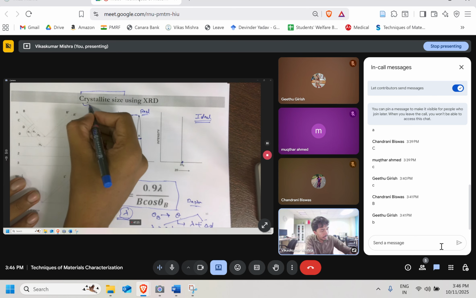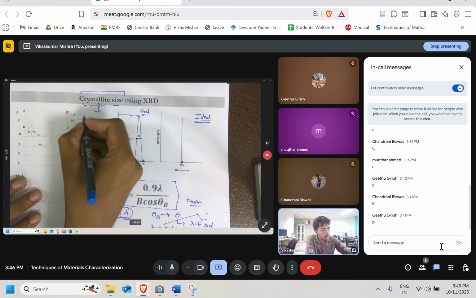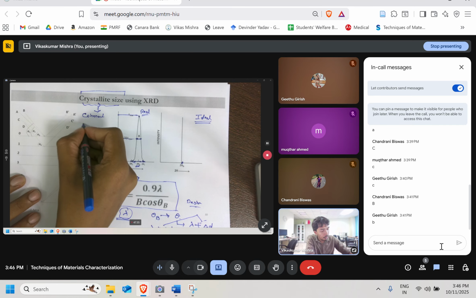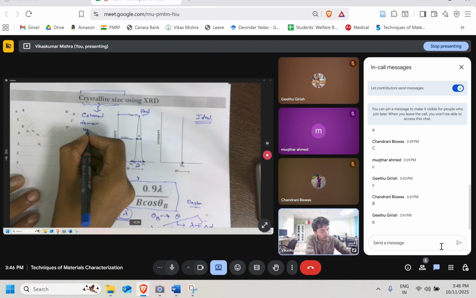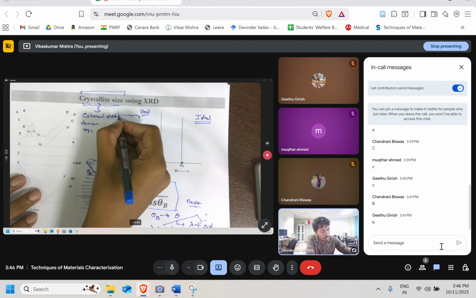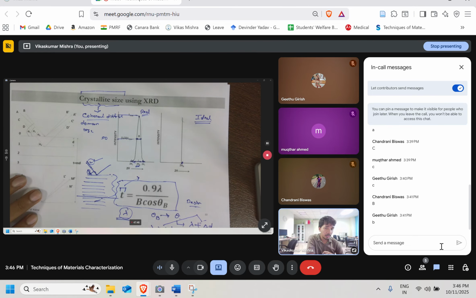I will only say that this is where the coherent scattering is happening. It is the coherent diffracting domain size, and in this particular range it gives coherent scattering.